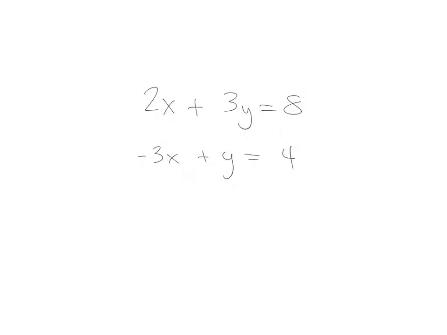Which variable do you think would be easier to get rid of? Why? Because it doesn't have a coefficient for one of them. Whenever you see something without a coefficient somewhere, it's very easy to get rid of it. Okay? How do I get rid of it? George? Multiply by -3. Yeah, multiply the second equation by -3. That gives me 9x minus 3y equals -12.